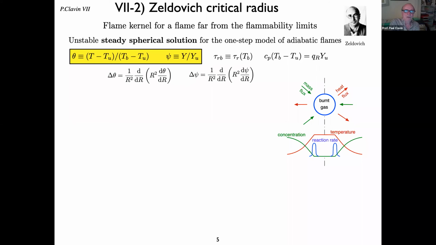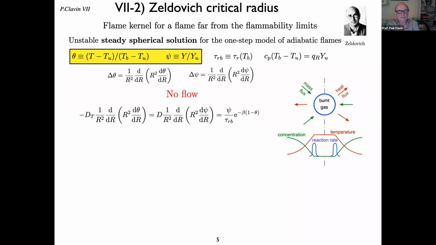This comes from the fact that the Laplacian in spherical geometry is different than in planar geometry. This here is a Laplacian. And so you may have an equilibrium between the heat conduction flux and the mass flux of reactant.